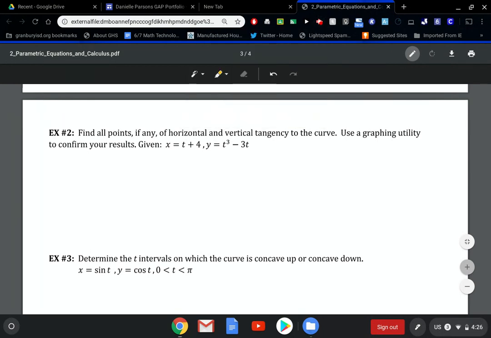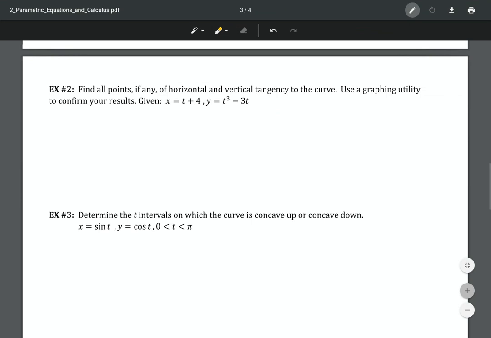All right, so continuing on with what we're doing here, let's go to example 2. On this one, it says to find the points, if any, of horizontal and vertical tangency to the curve. So what that means, if you remember from even Cal 1, is that we have a horizontal tangent when our derivative is equal to 0.